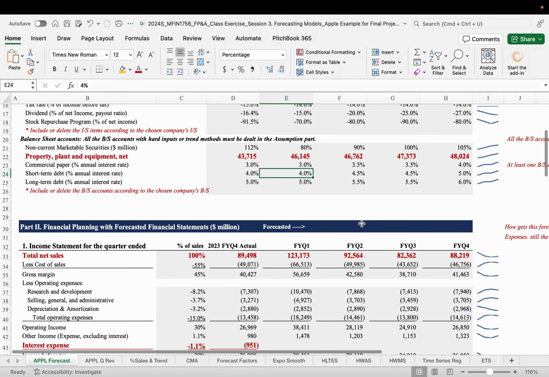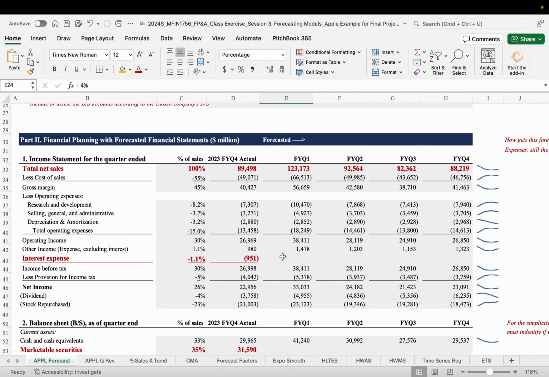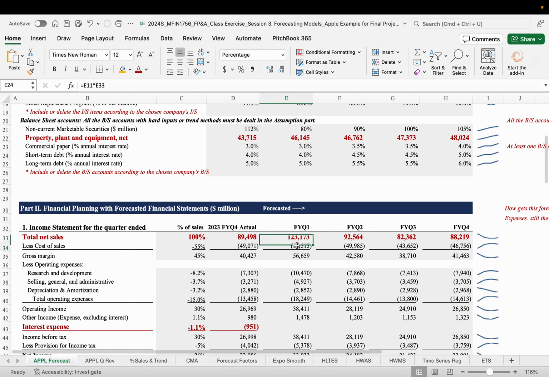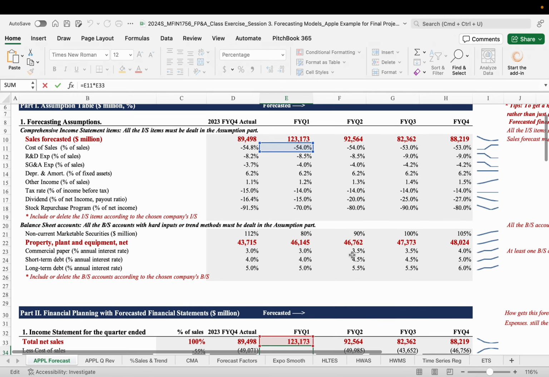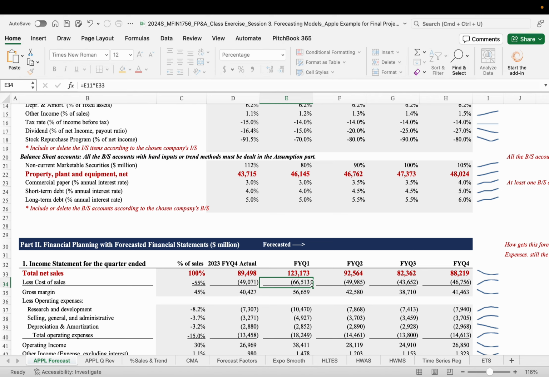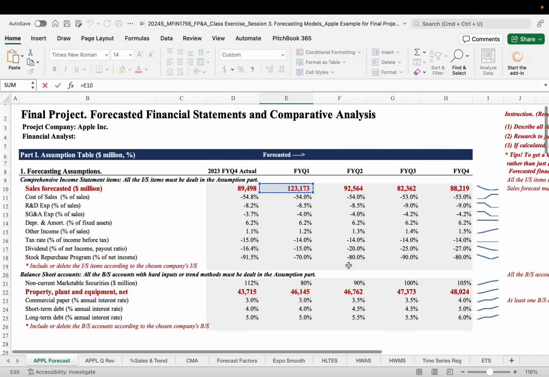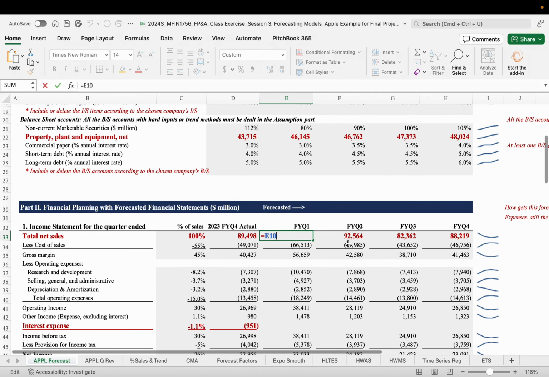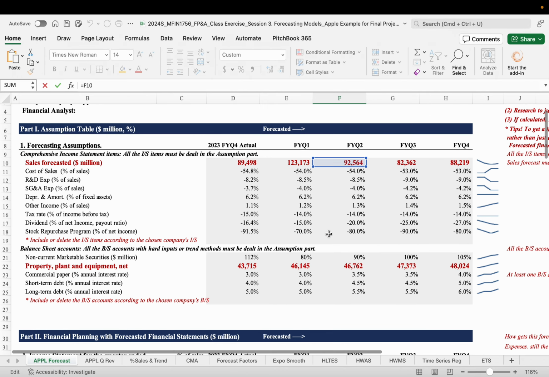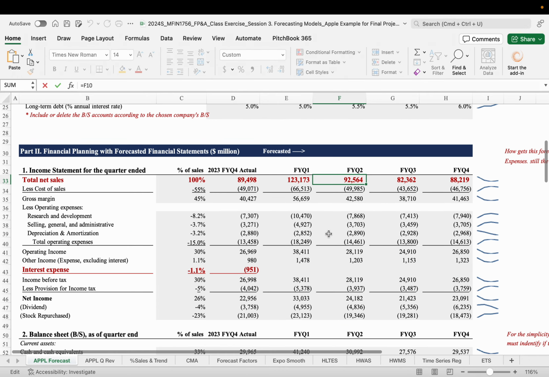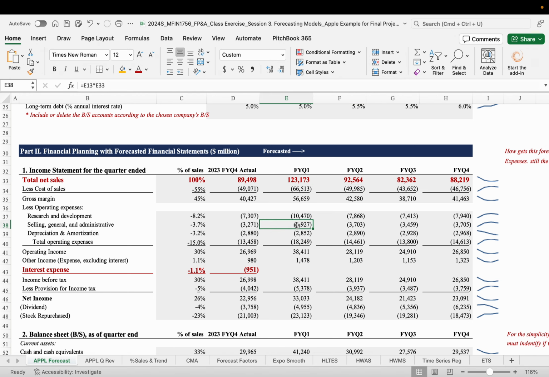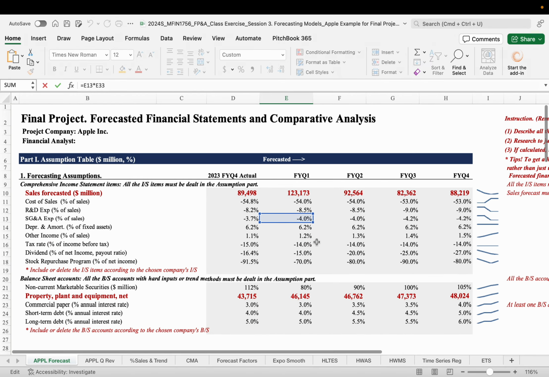And then that will definitely affect the interest expense calculation as well, right? So that's why the whole income statement is now linked here. The total net sales are linked from the forecasting assumption table, and then everything is now linked as a percentage of the sales, right?